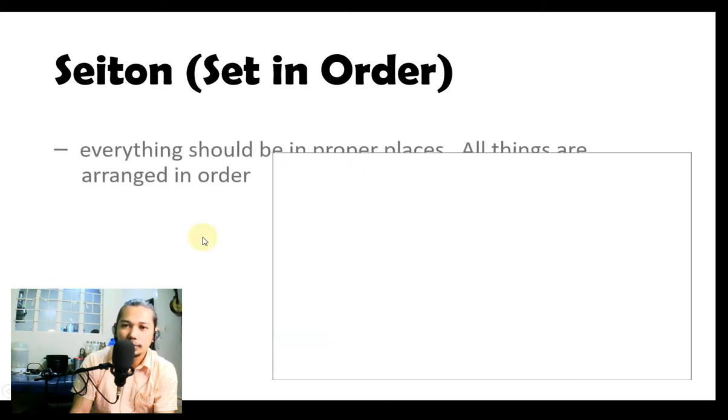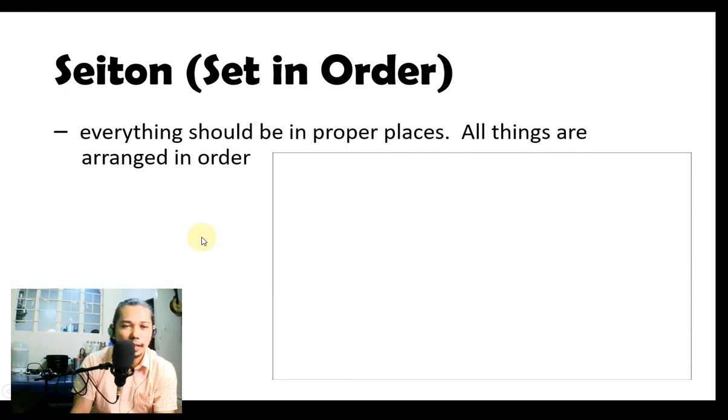Now, the difference between Seiri and Seiton. With Seiri, we sort them out. After sorting, after separating the objects, we place them in the proper order, in the proper arrangement. For example, we already sorted out all the books, so we place all those books in proper set in order.